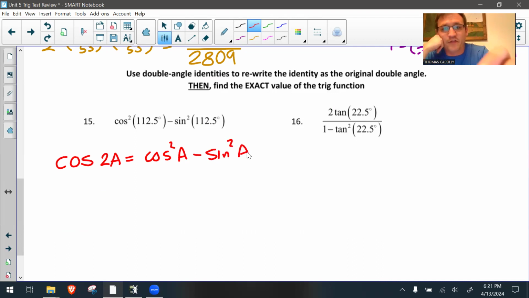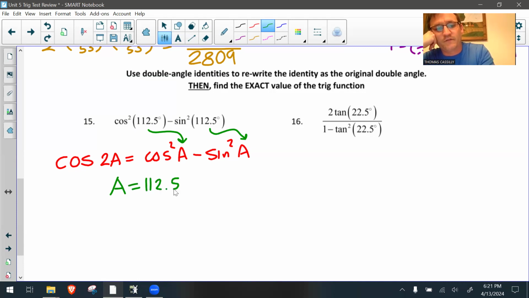So what they're telling us is they want to know that one. Right? They're giving us theta. We have to figure out the double angle here. So keep in mind, 112 and a half is our a value. So I'm just going to say, hey, a equals 112.5. That means 2a, if I multiply both sides by 2, what does that give us?